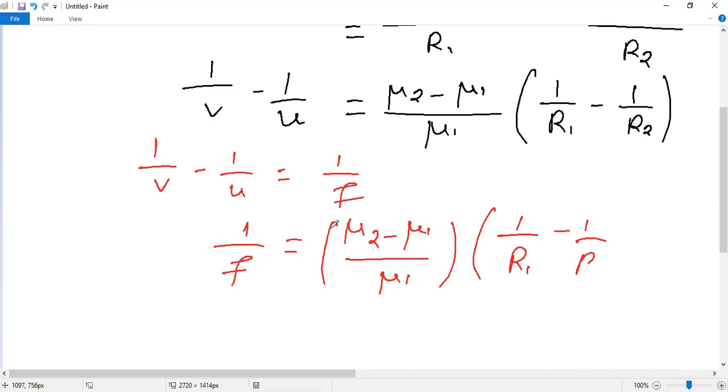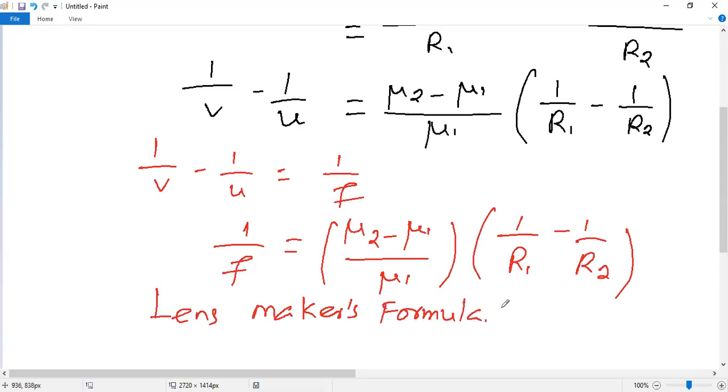So this is the lens maker formula. Okay, it is clear.